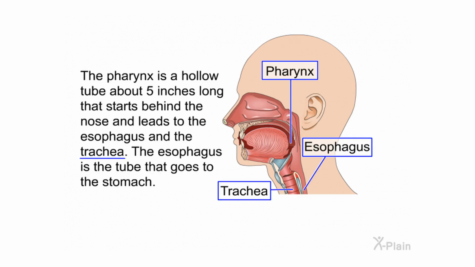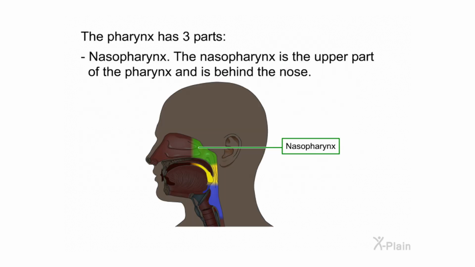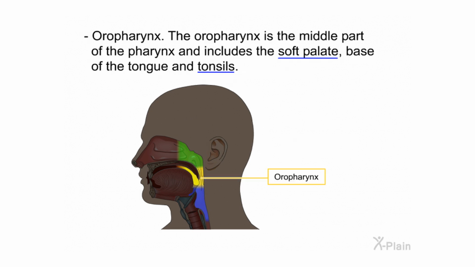The pharynx is a hollow tube about 5 inches long that starts behind the nose and leads to the esophagus and the trachea. The esophagus is the tube that goes to the stomach. The pharynx has 3 parts. Nasopharynx. The nasopharynx is the upper part of the pharynx and is behind the nose. Oropharynx.